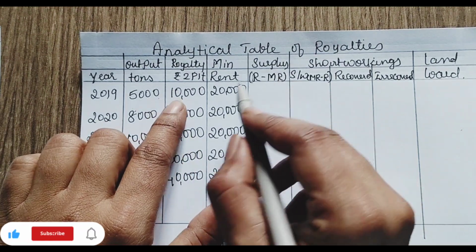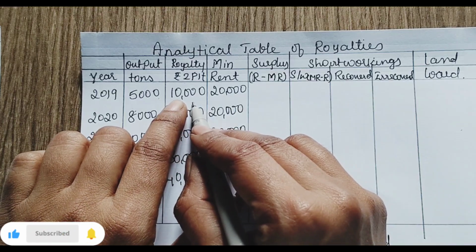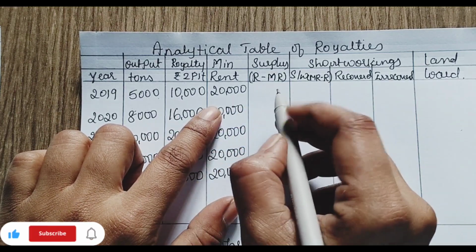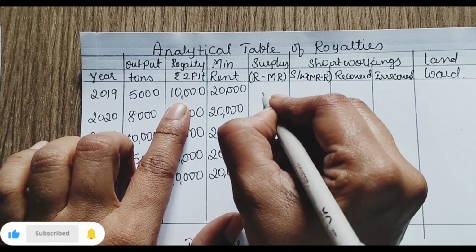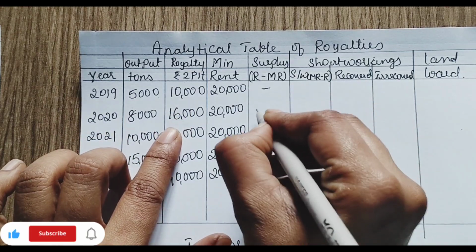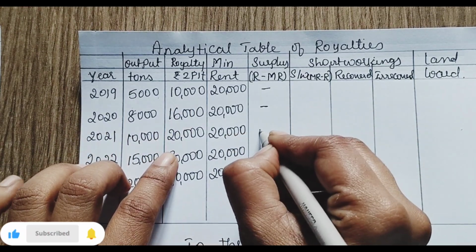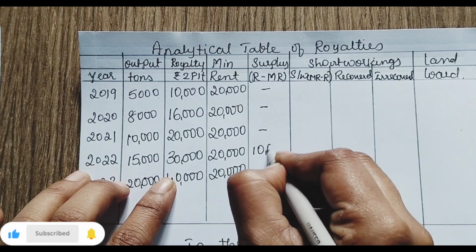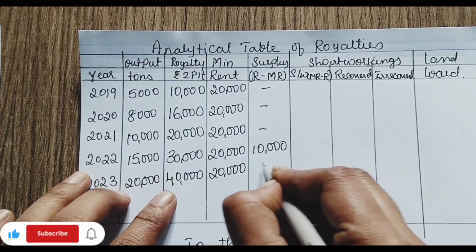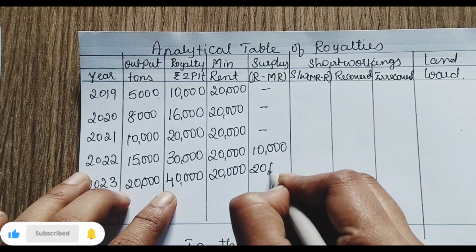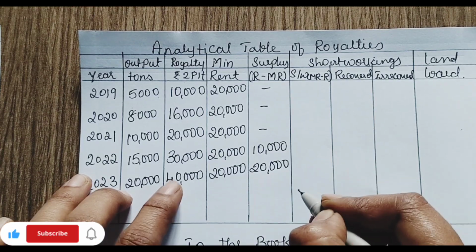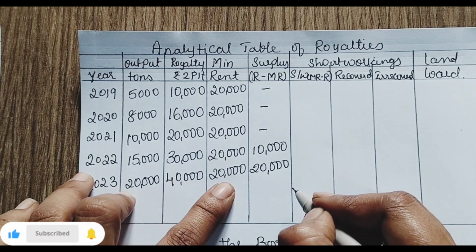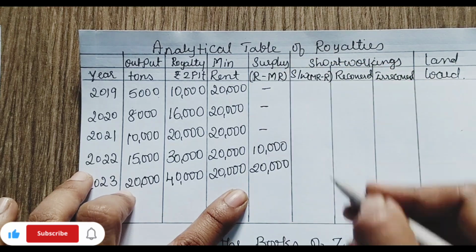Surplus is when royalty is more than the minimum rent. Do you have any surplus in the first year? No. Second year? No. Third year it is the same, so no. Fourth year we have 10,000. Fifth year we have 20,000. Royalty minus minimum rent is surplus.